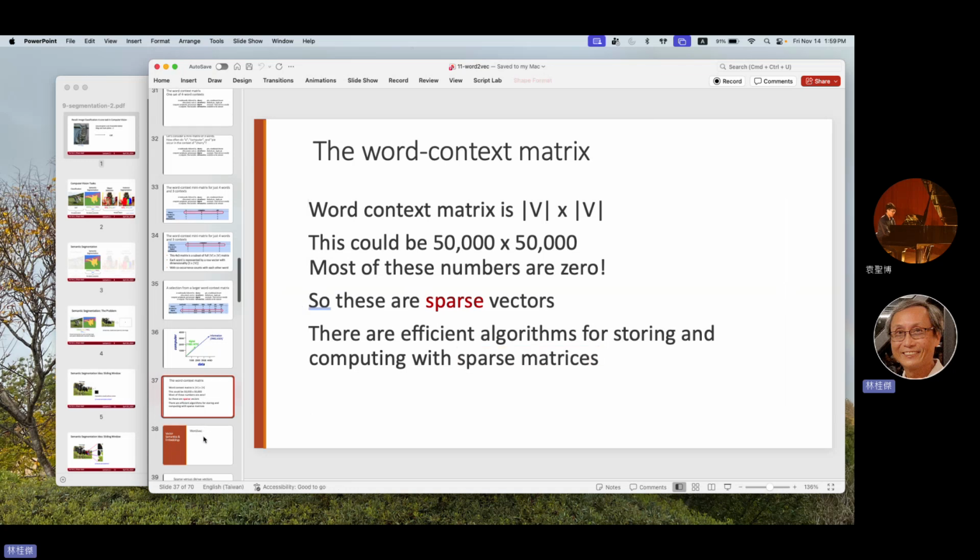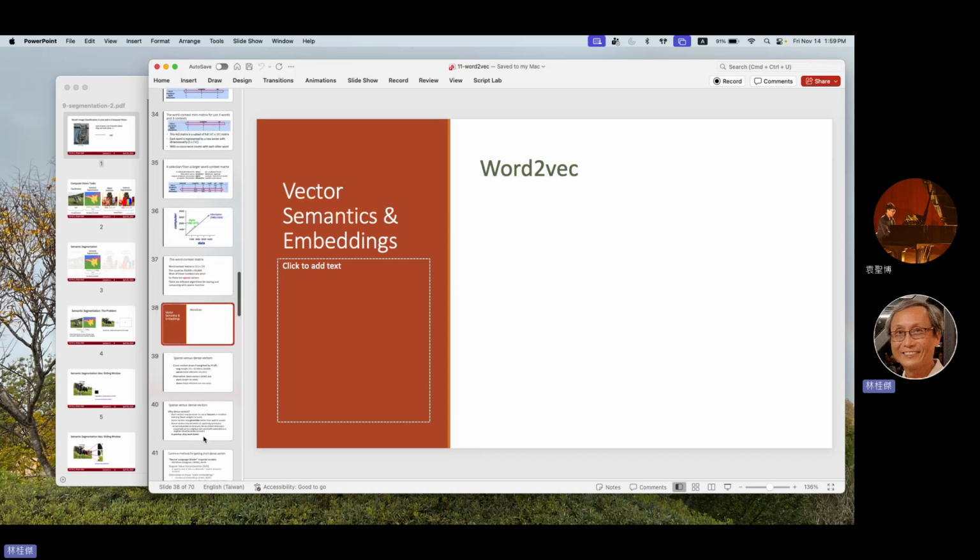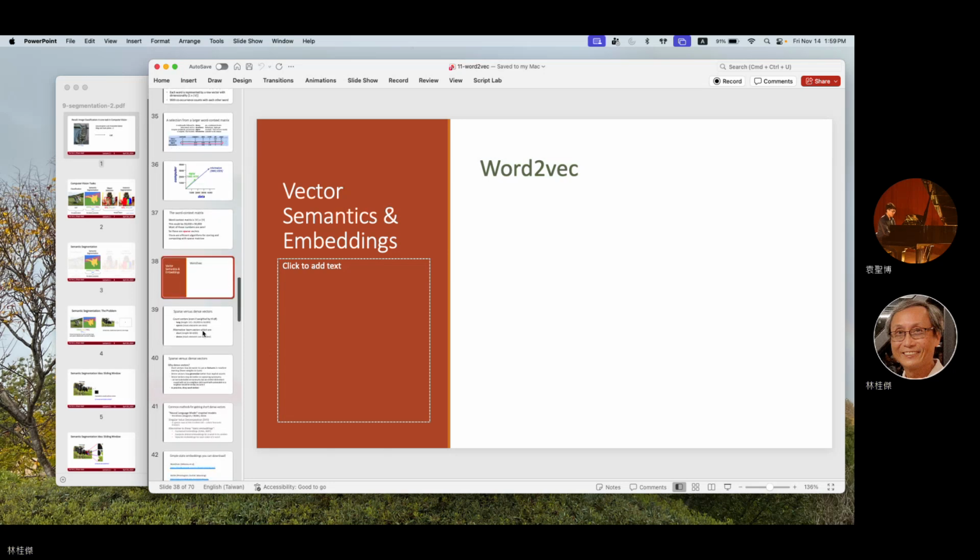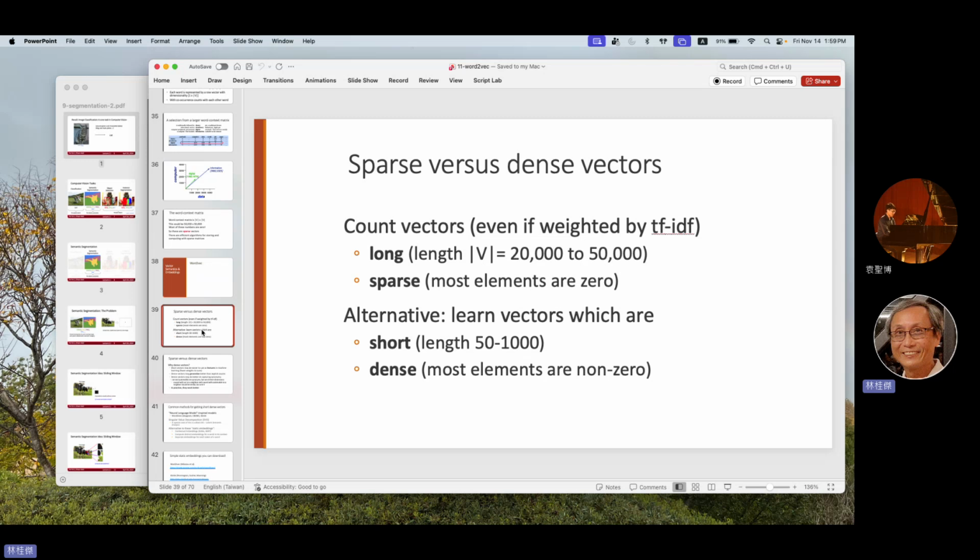So the second way for us to describe the information in terms of vectors to represent the meaning of the word is called word2vec. Word2vec is not a sparse matrix, but a dense matrix. The vector size can be much smaller than with counting vectors.